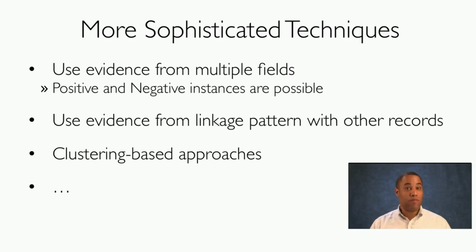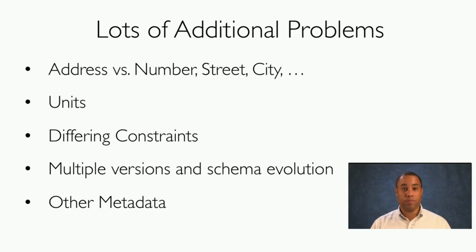In general, we can apply very sophisticated techniques during the data integration process to detect duplicates or other problems. We can use evidence from multiple fields, both as positive examples that two things are identical or negative examples that they are separate. We can also use evidence from linkage patterns with other records, and we can apply clustering-based approaches. Again, there are more sophisticated techniques that we can apply here.